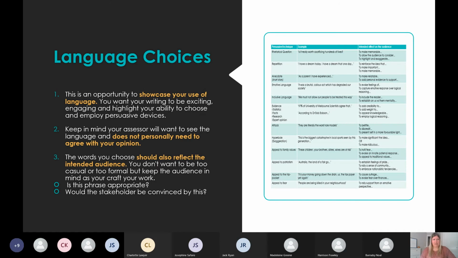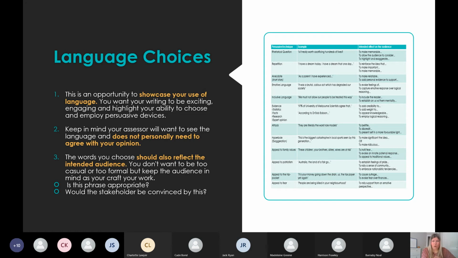And then you have your language choices. I've made it pretty clear so far that this is not a research project. This is persuasive writing, and you will need to know a range of persuasive language devices in order to really effectively write this piece.